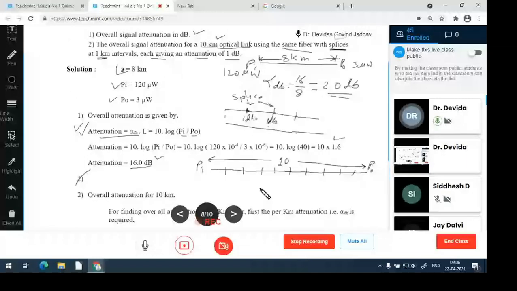We are having the same fiber used in this problem, that is alpha dB is 2 dB per kilometer, kilometer raised to minus 1.